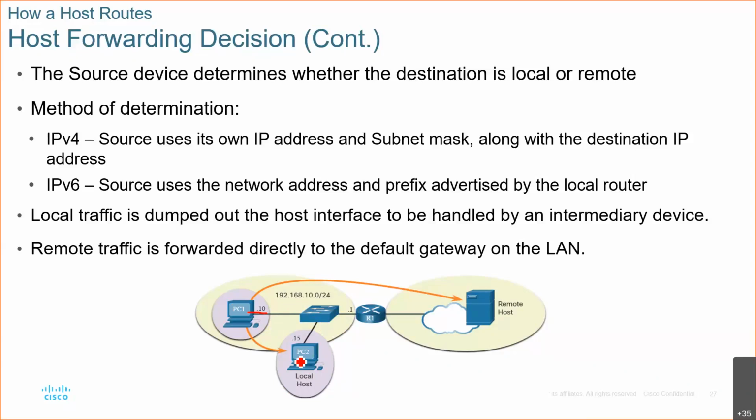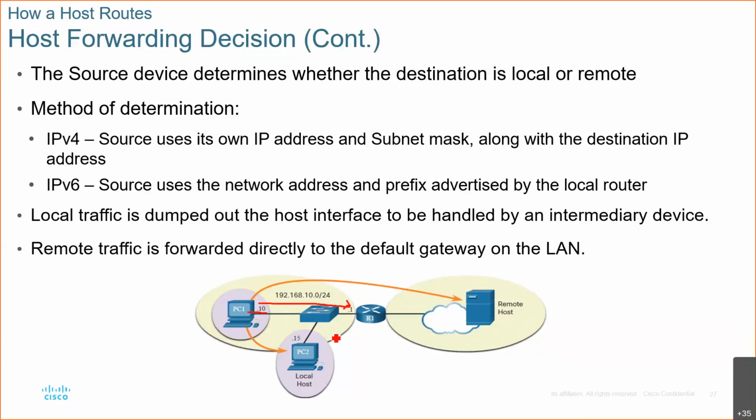The problem is when you're sending to a remote host, then this PC 192.168.10.10 will only care about sending it to the gateway. It knows that it's not in the local.